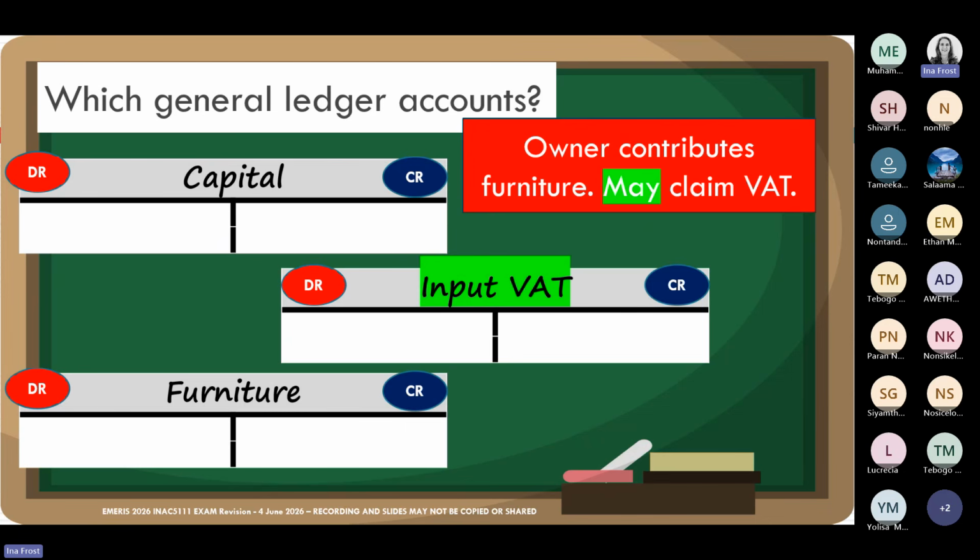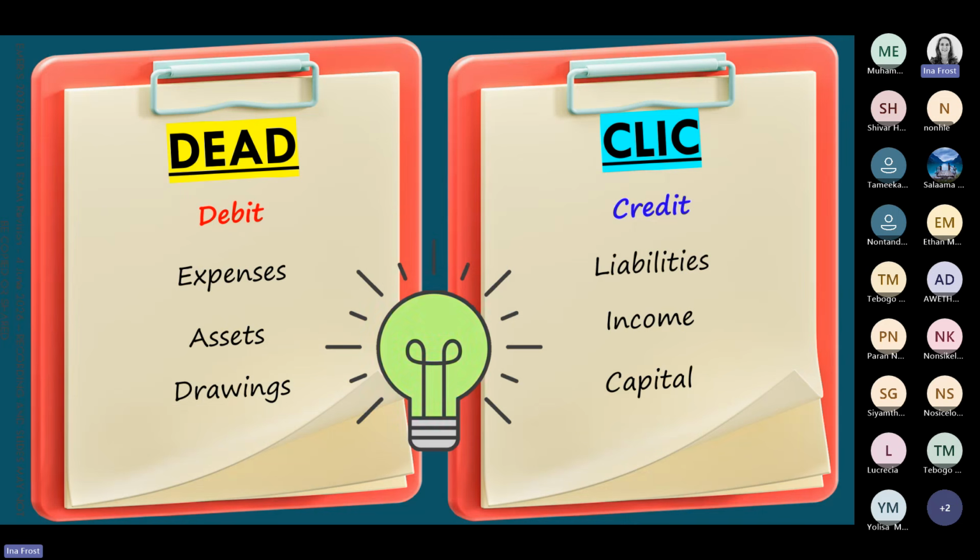Now that we know the general ledger accounts that will be impacted by this transaction, we have to decide whether we need to debit or credit each account. How are we going to know which account to debit and which to credit? We're going to come back to our DebtClick acronym. In DebtClick, remember, we said assets increase on the debit side.